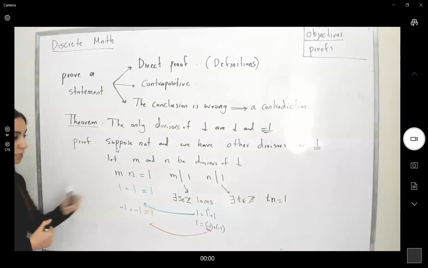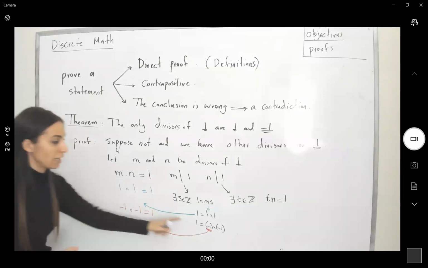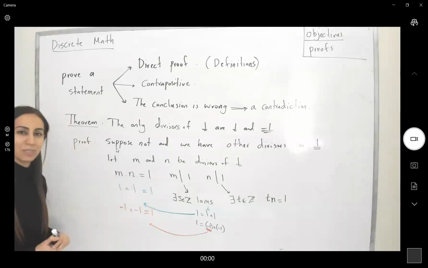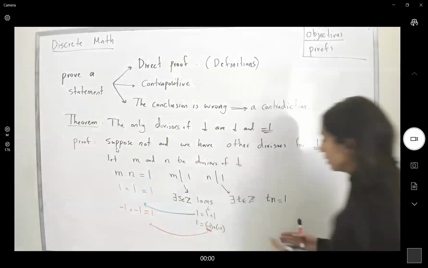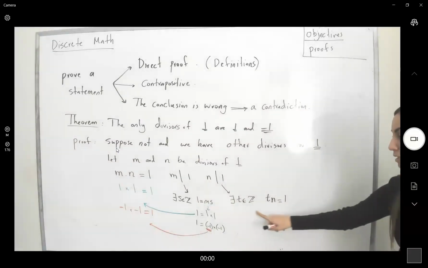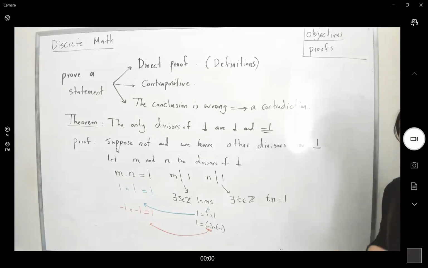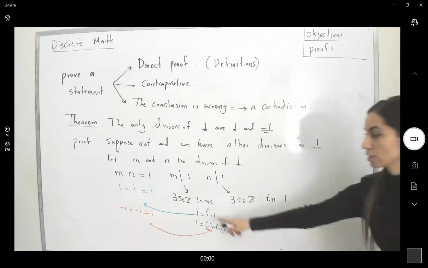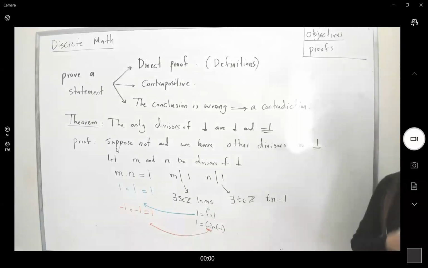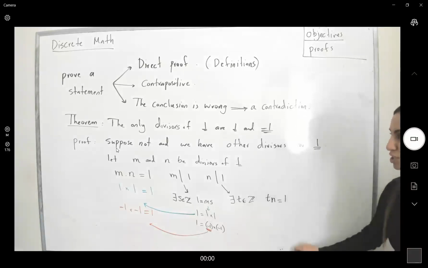So m is 1, n is 1, or m is negative 1, n is negative 1. The same for here. If t is in Z and t times n is equal to 1, the product of t and n is equal to 1, so you have only two options. The same here: 1 times 1, negative 1 times negative 1. We don't have any other options.